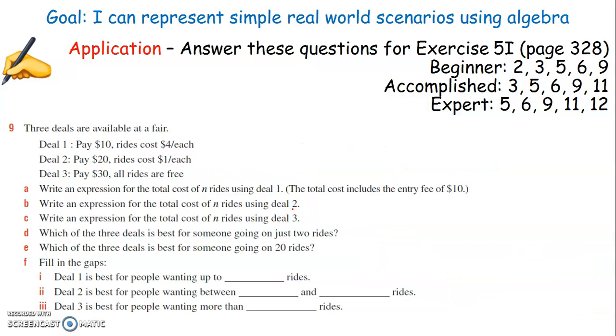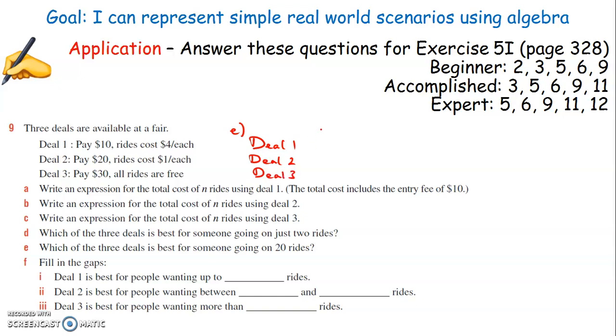Next we have E. So E asks which of the 3 deals is best for someone going on 20 rides. Okay, so again, very similar to what we did in D, we are going to calculate the cost for each of the deals. So deal number 1, deal number 2, and deal number 3.